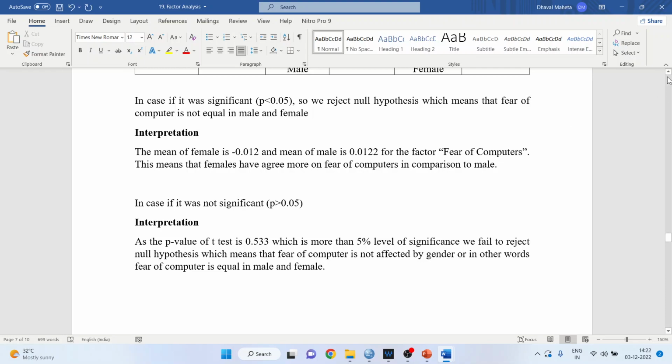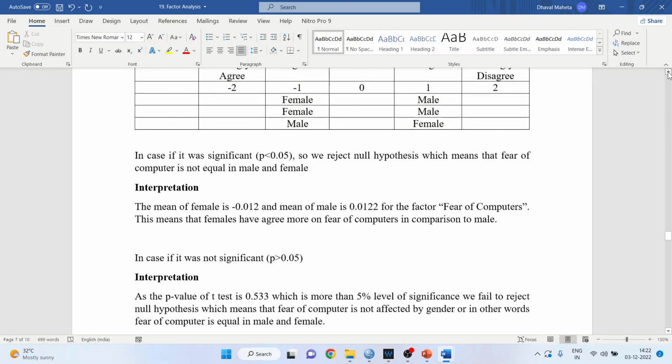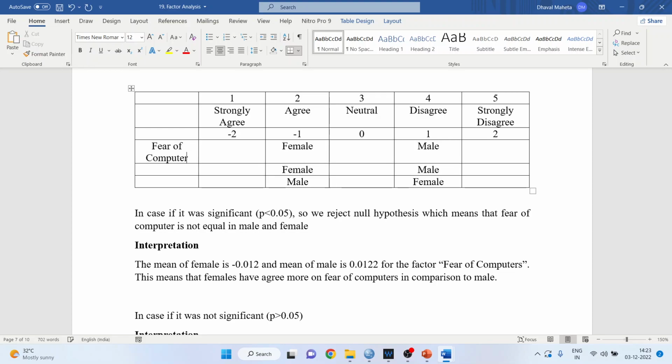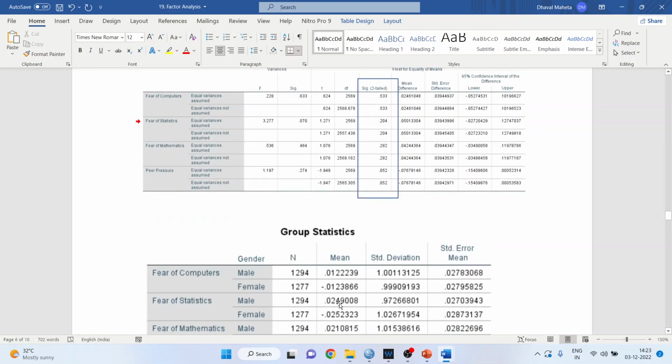Now see, the mean of female is minus 0.012, so the female will be here, and the mean of male is positive, 0.0122. So if I write here fear of computers, this is the scenario. Now let us see fear of statistics.